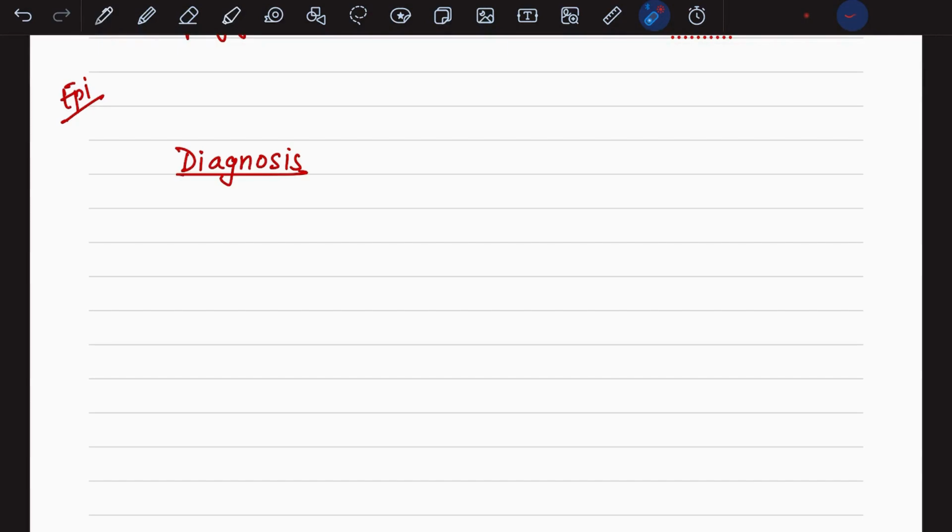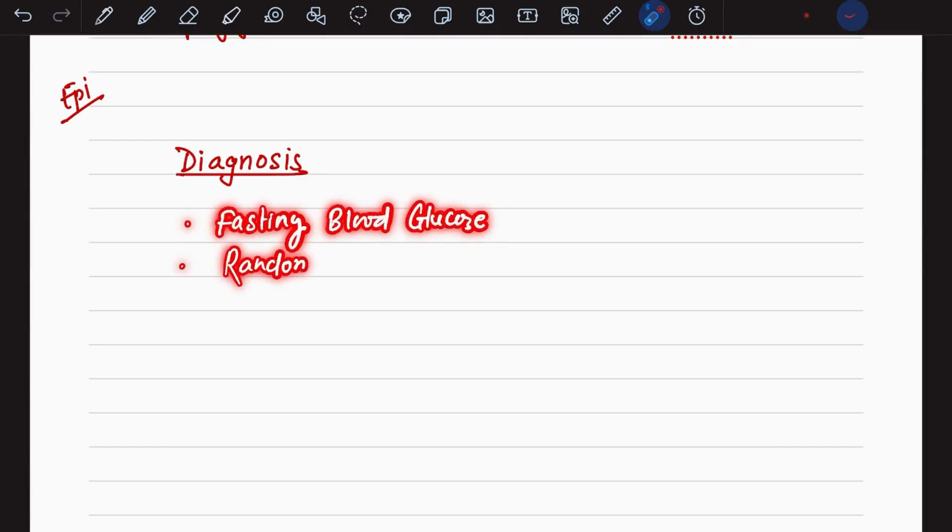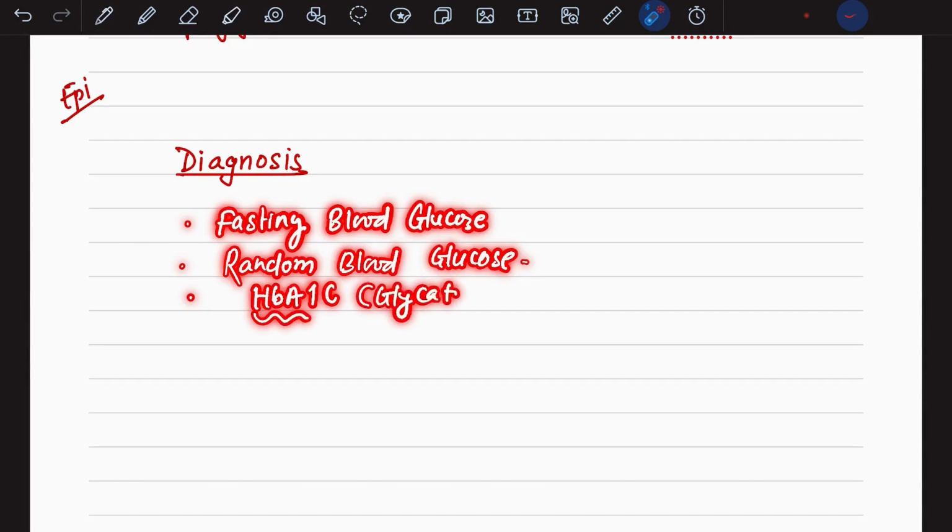The criteria can be fasting blood glucose level tested, random blood glucose level, hemoglobin A1C, that is called glycated hemoglobin, or we can test the oral glucose tolerance test.